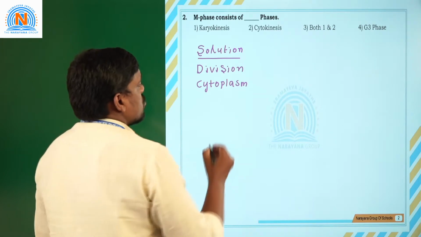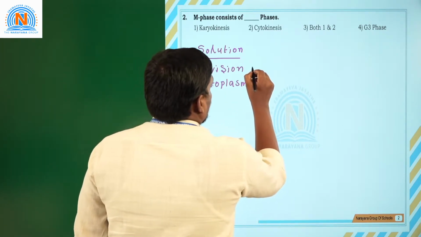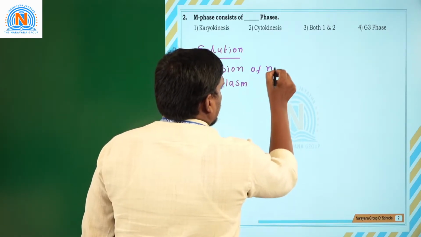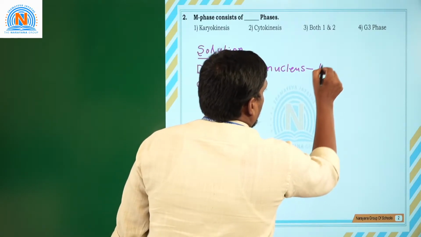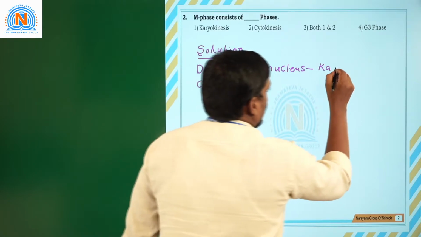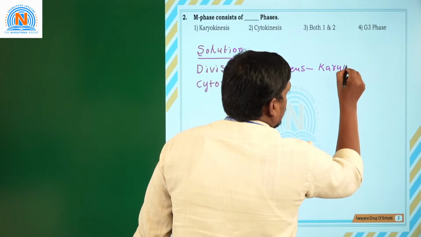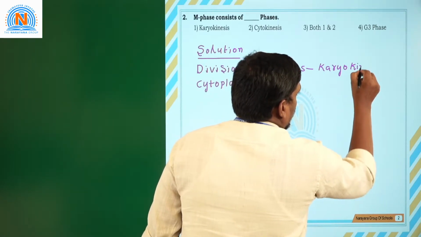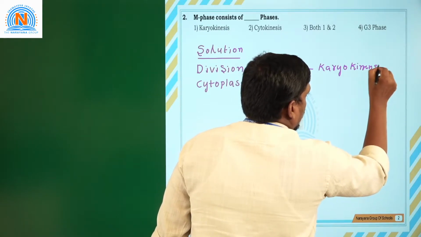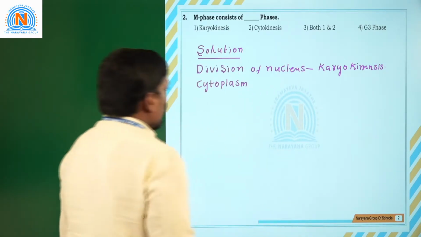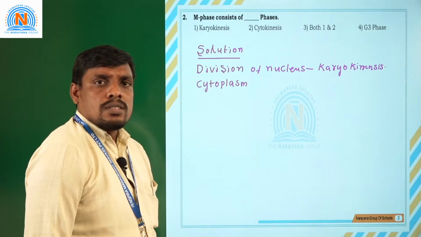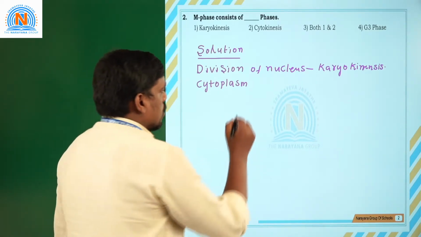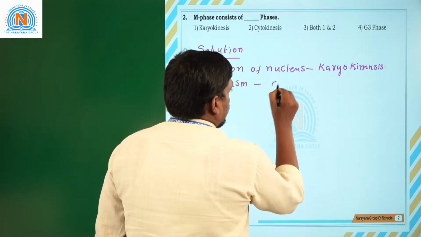The M phase consisted of division of the nucleus, scientifically called karyokinesis. Whereas division of the cytoplasm is called cytokinesis.